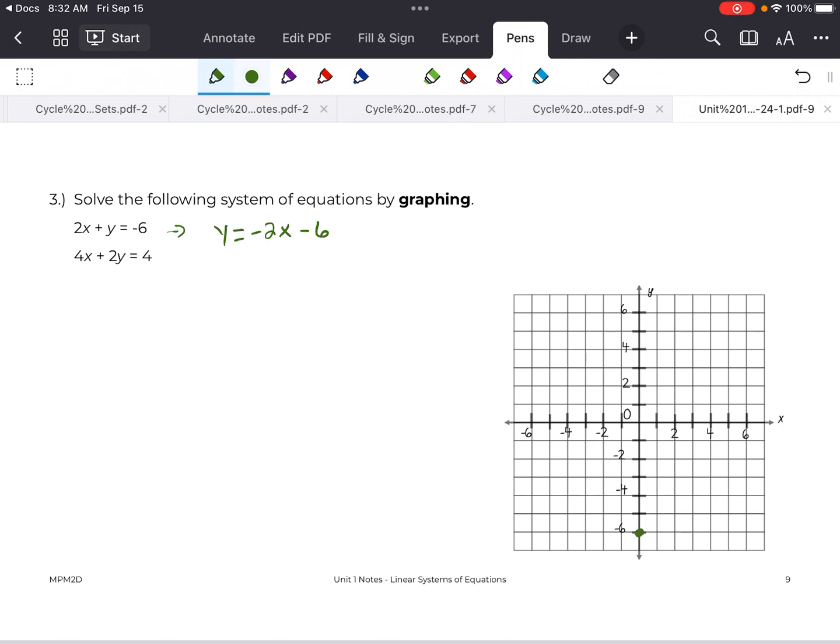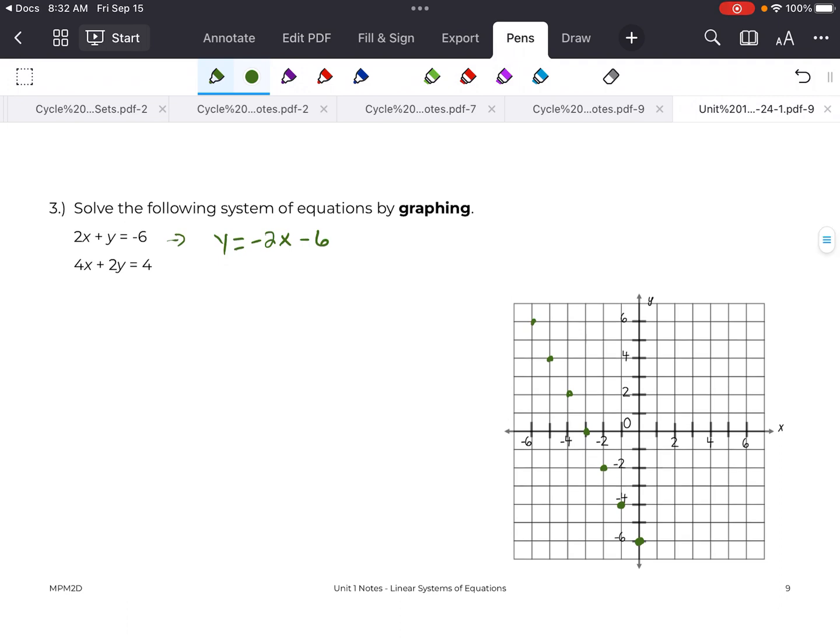It has a slope of negative 2. We can't go down 2 to the right, but we can go up 2 and to the left 1. Okay, so that's what the line looks like.